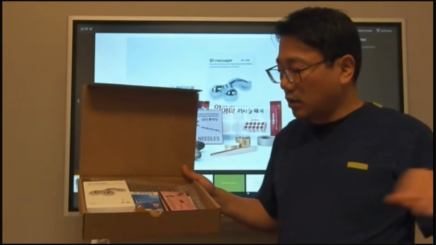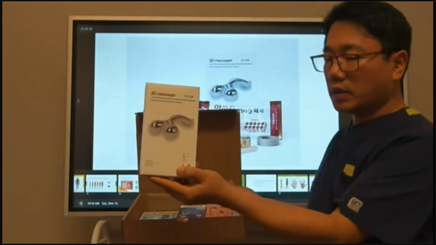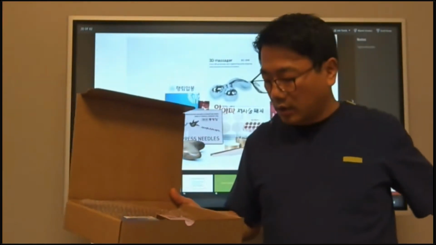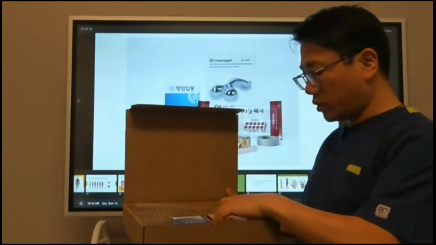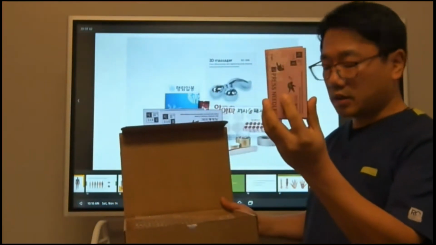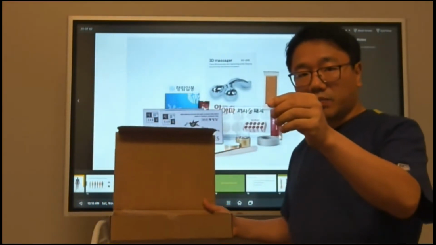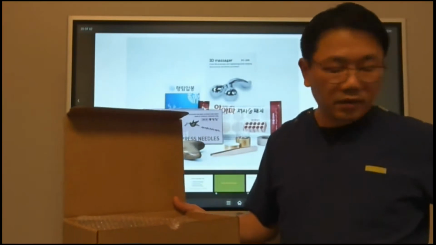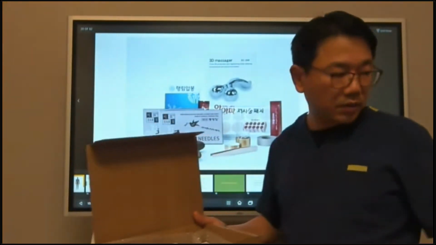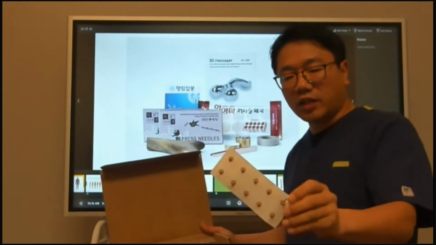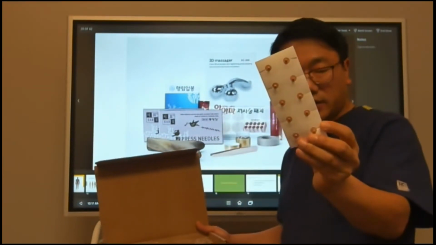And there's the 3D rolling massager. And I'm going to cover briefly this acupuncture sticker. And there's the infrared hippo sticker with it.